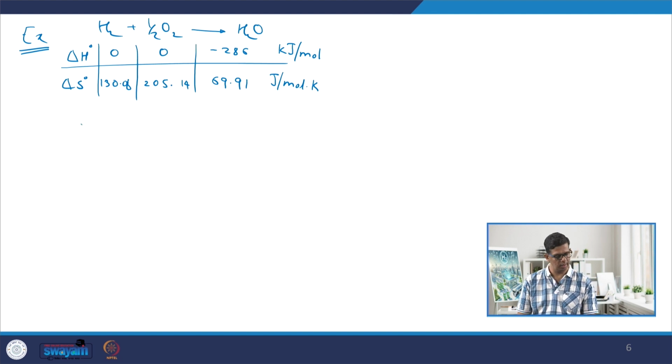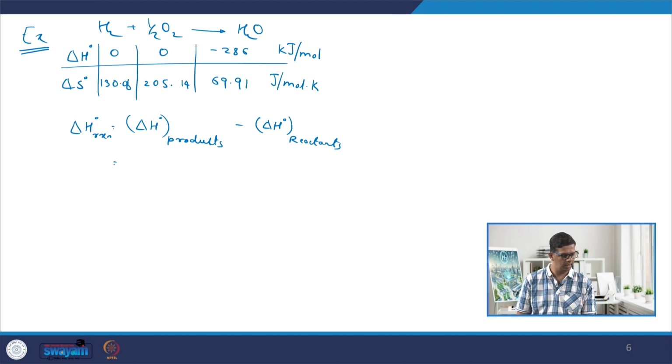So, what is our enthalpy of the reaction? Enthalpy of the reaction is nothing but, as we have already discussed before, enthalpy of the products minus enthalpy change of the reactants.